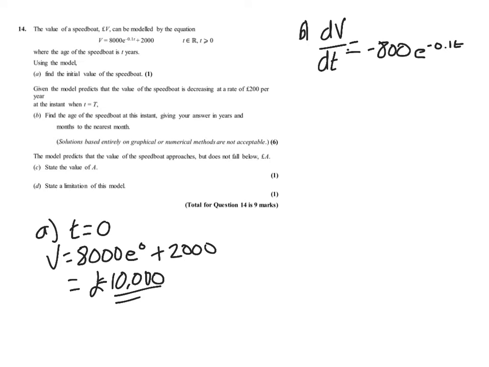Well, we've got a particular value, uppercase T, when it's negative 200, it's decreasing. So negative 200 equals negative 800 e to the negative 0.1, put a big T there.